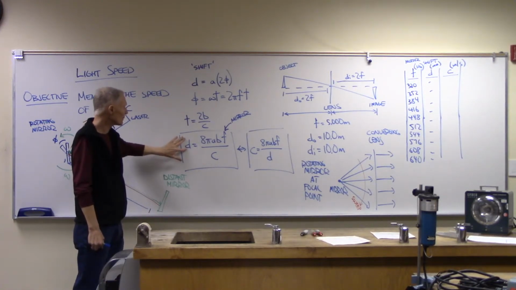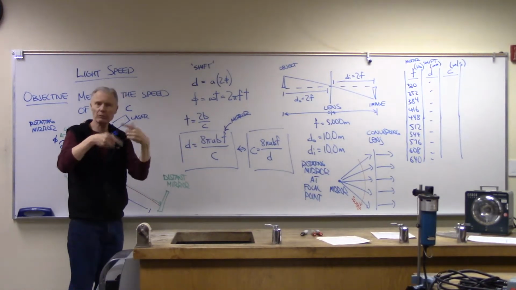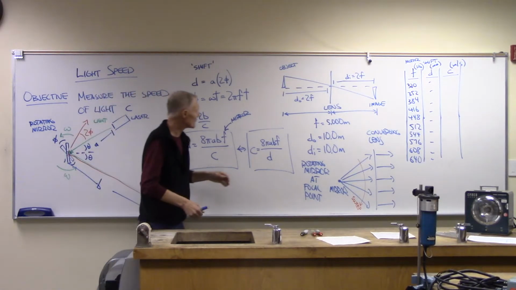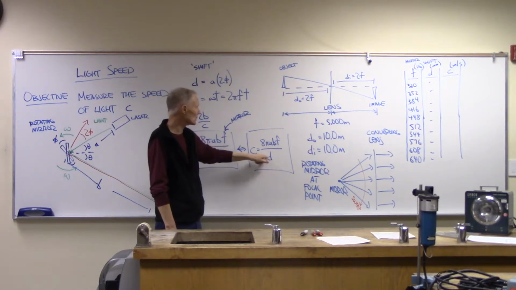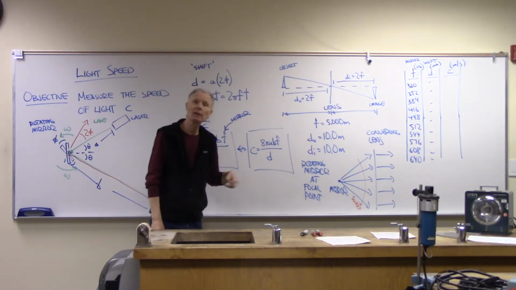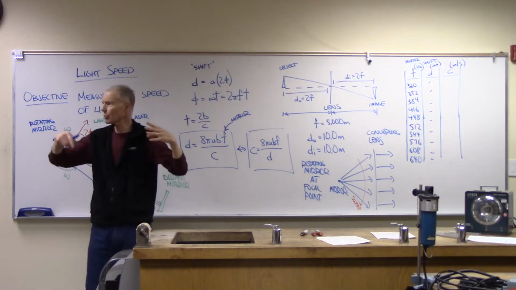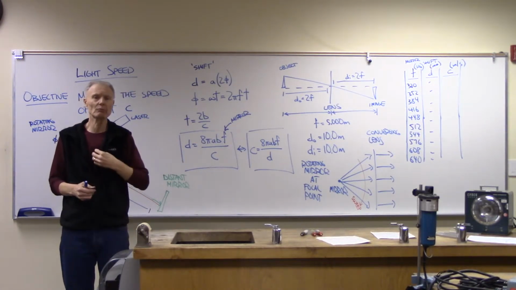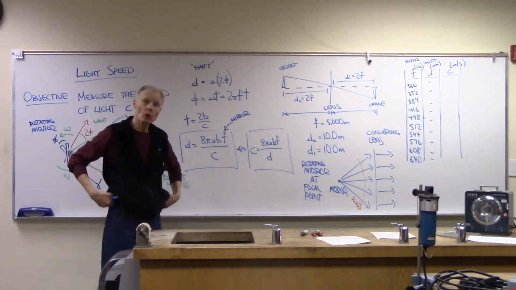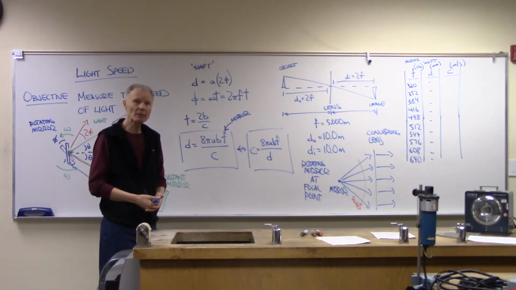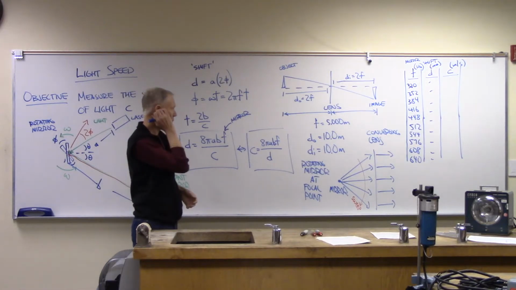So that would tell us how much deflection we're going to have, but we're going to flip that around. So instead, we're going to set it up so based on the observed deflection, we can calculate a speed of light. Yes, right here in room A274 at Laney Community College, we're going to get a reasonable measurement of the speed of light within this room.